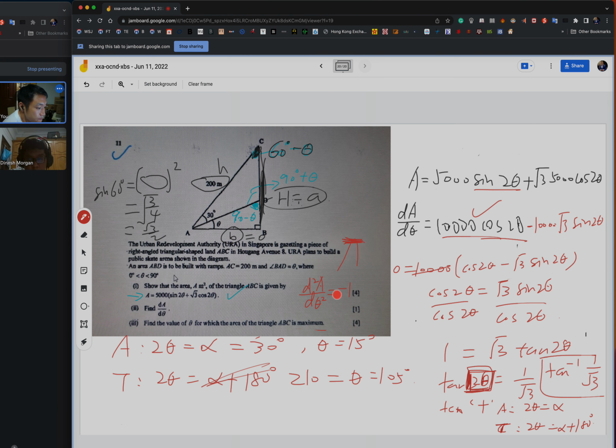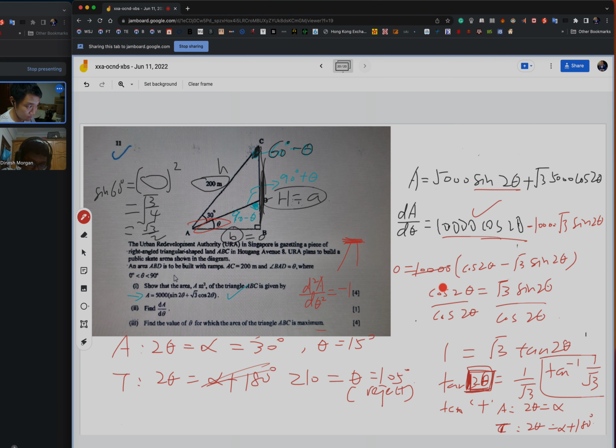So the theta here looks like 15 degree instead of the 105, so you need to reject that because it's acute. Okay, so you have to reject. But you need to consider the 105. Then after that you just key the 15 degree back to the question to get the second derivative.